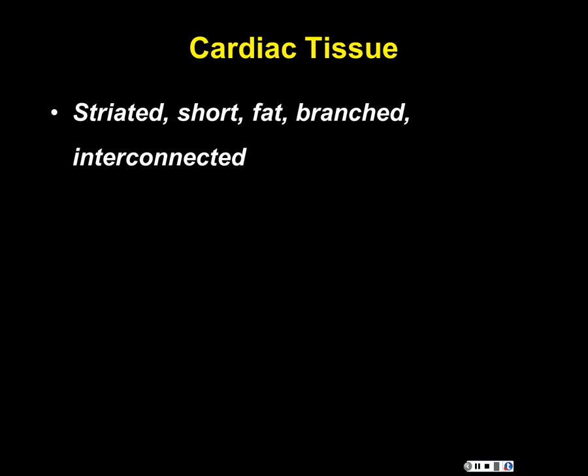The cells of our heart are not in a sheet, they're more twisted, if you will. They still work, but they're branched is what I'm trying to illustrate. They're not parallel with one another. And they are interconnected, and what I'm describing there is the role of the gap junctions. So we've got a functional syncytium. Cardiac tissue is also multinucleated, so these cells cannot. What can our cells do?